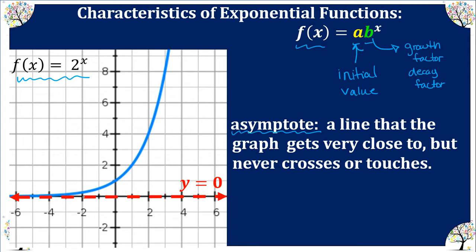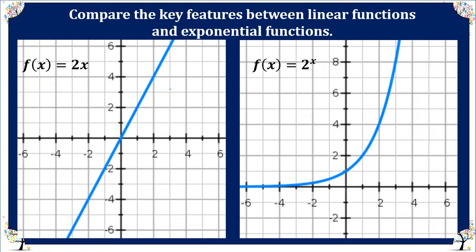An asymptote is simply a line that our graph approaches, but it never reaches nor touches the asymptote. So this blue line is our exponential function, and it gets very close to the asymptote of y equals 0, but it never touches and it never crosses. So that is an asymptote. And again, every exponential function has an asymptote.